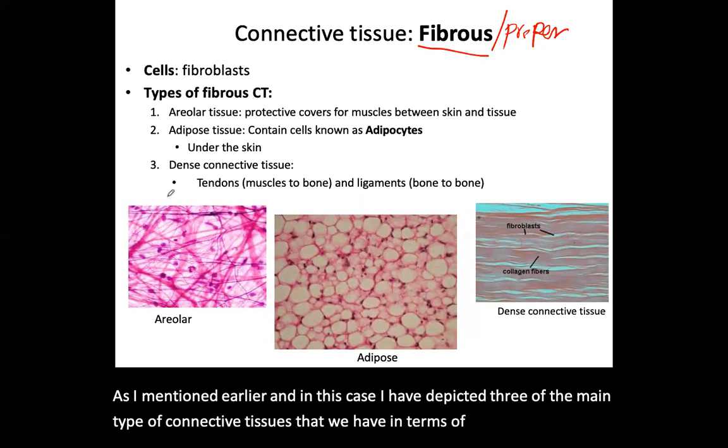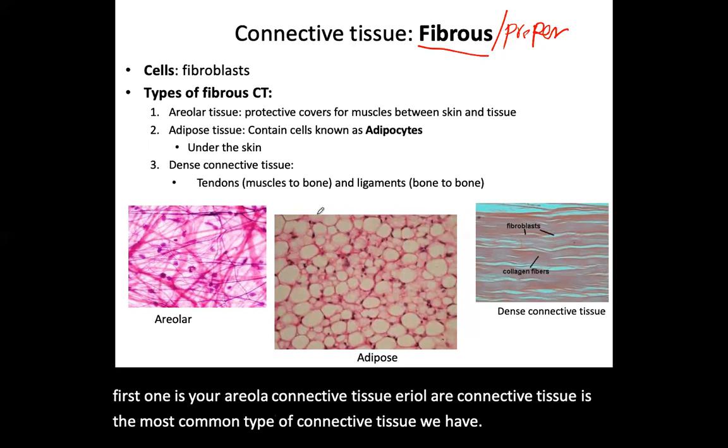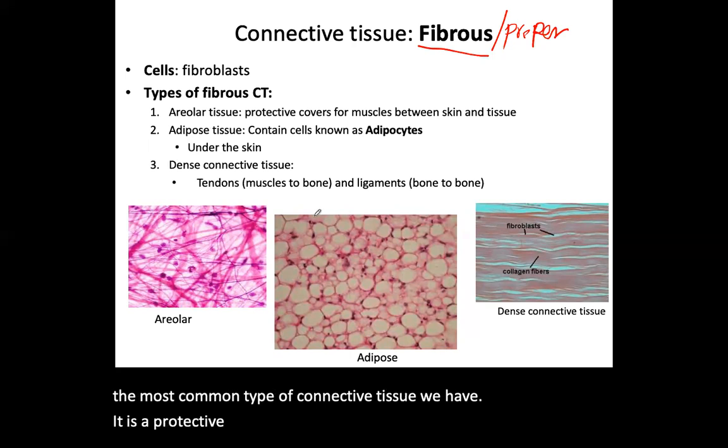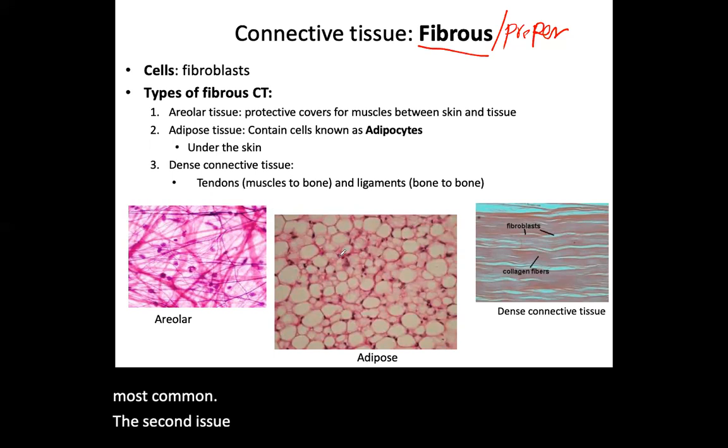The first one is your areolar connective tissue. Areolar connective tissue is the most common type of connective tissue we have. It is a protective layer between your muscle and your skin. Imagining the surface area of your body, areolar tissue would be the most common. The second tissue depicted kind of looks like a lot of bubbles, like air bubbles, right?